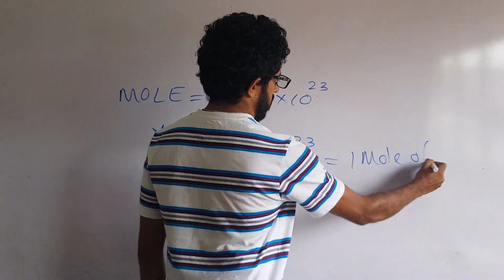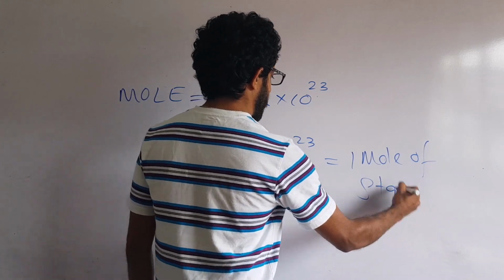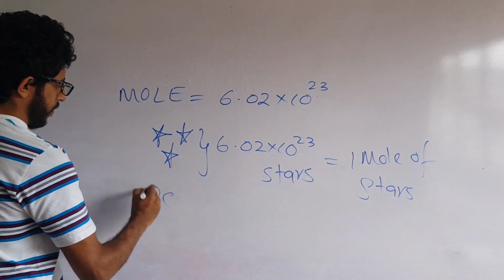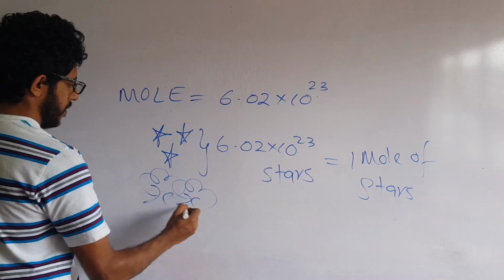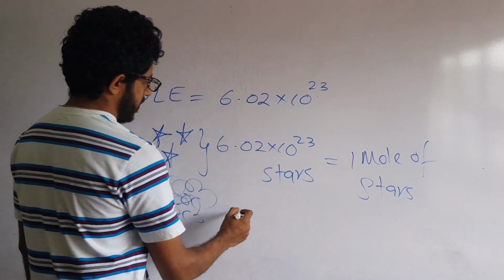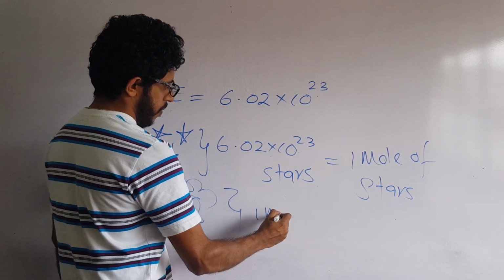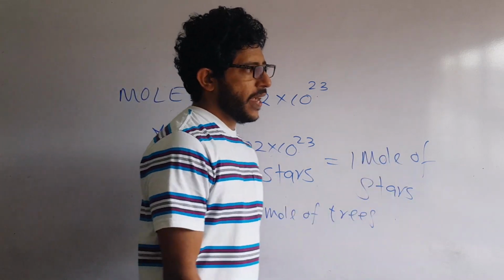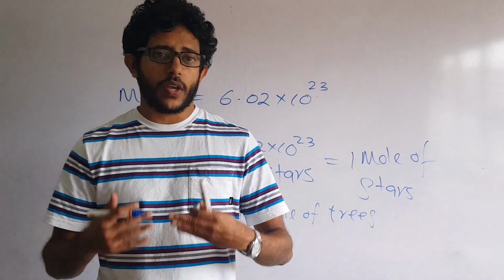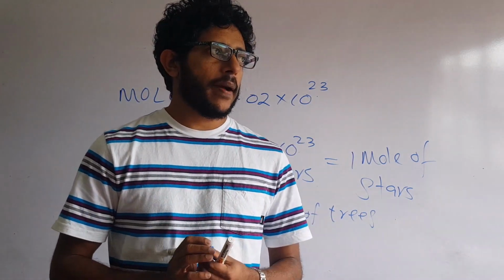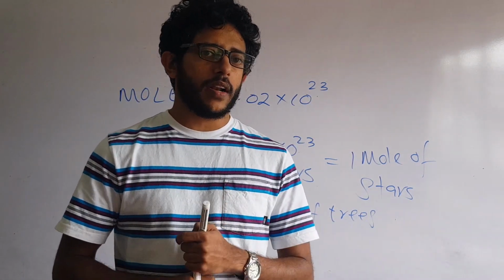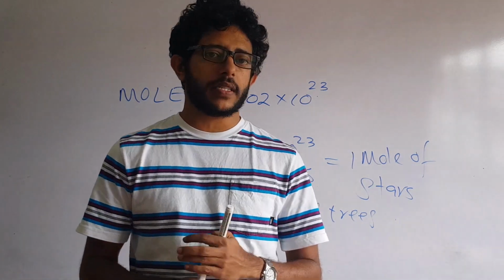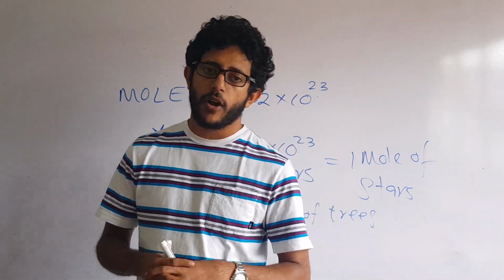If there are this many trees, we can say 1 mole of trees. So the idea of 1 mole is huge, and we use that in chemistry to represent the number of atoms, ions and molecules.